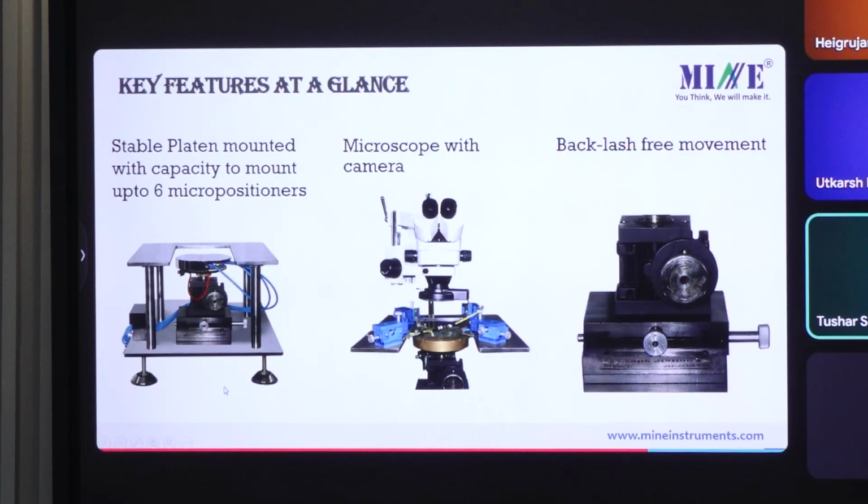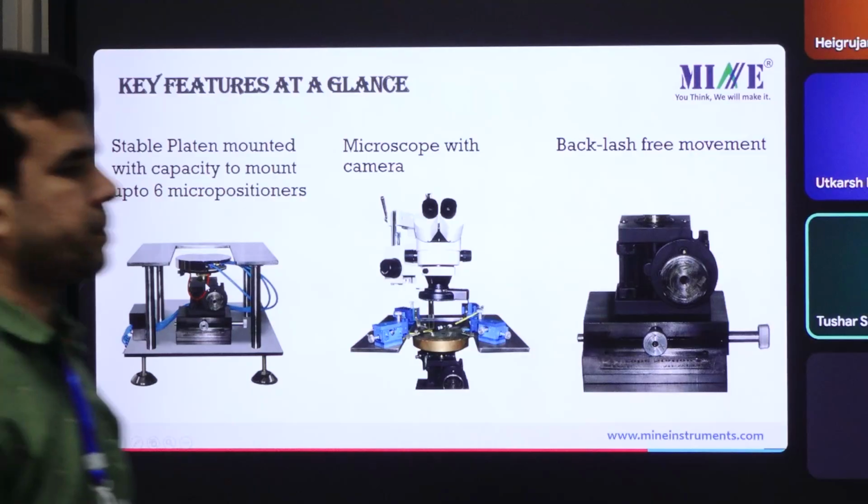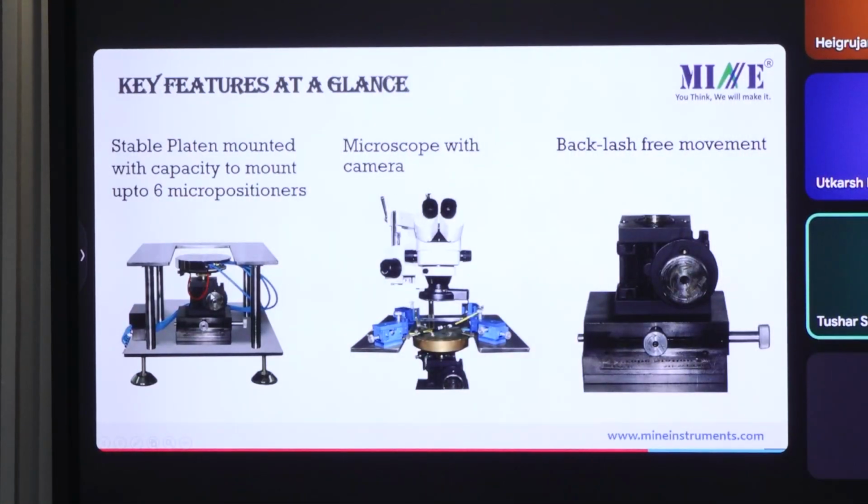All the equipment here is made in India in our in-house production facility. So we can do any kind of changes according to your need. First, we have our standard products. Another part is that you can customize it as per your need. Every part is customizable in this overall setup.